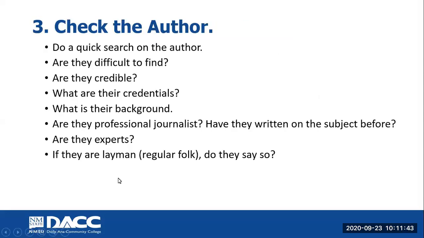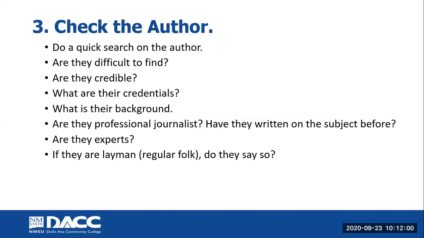Next step is check the author. This is kind of like checking the source, but more specifically the person that wrote the story. You can do that with any of the things listed here on the slide.